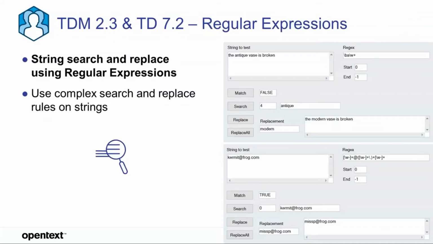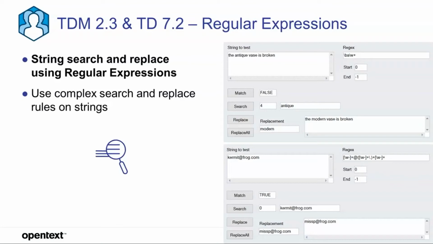And this one has been requested by many customers, which is a pretty powerful string search and replace feature using regular expressions. Now, regular expressions can be used to replace things in a string. You can analyze strings, for example, to find matches for credit card numbers and then redact these credit card numbers.